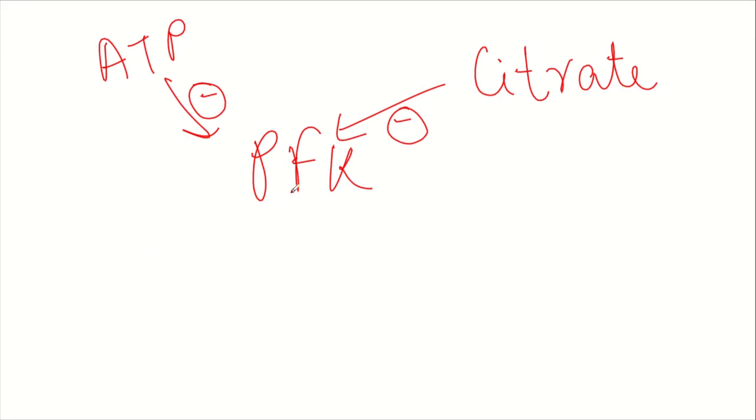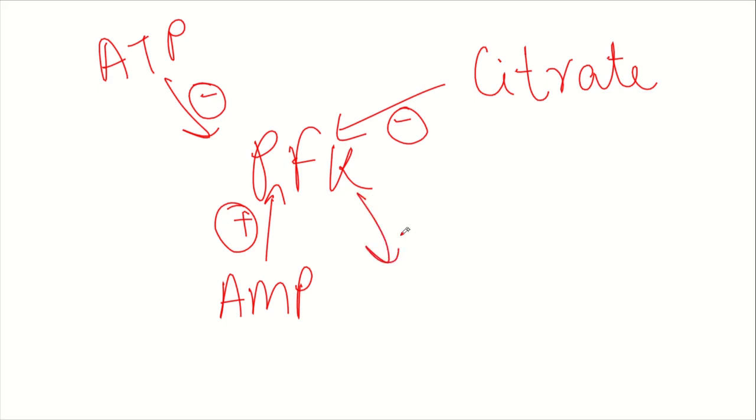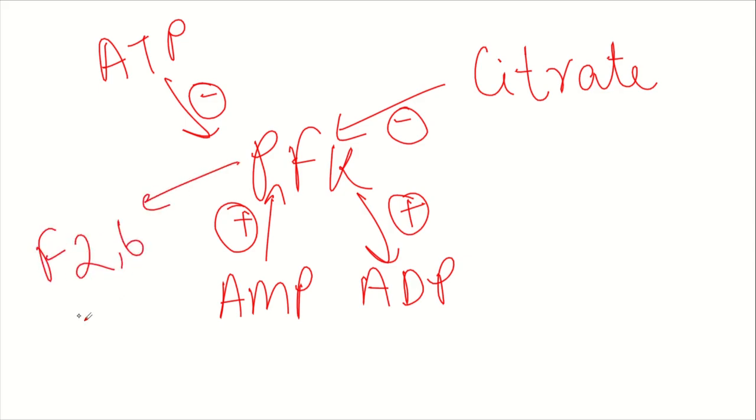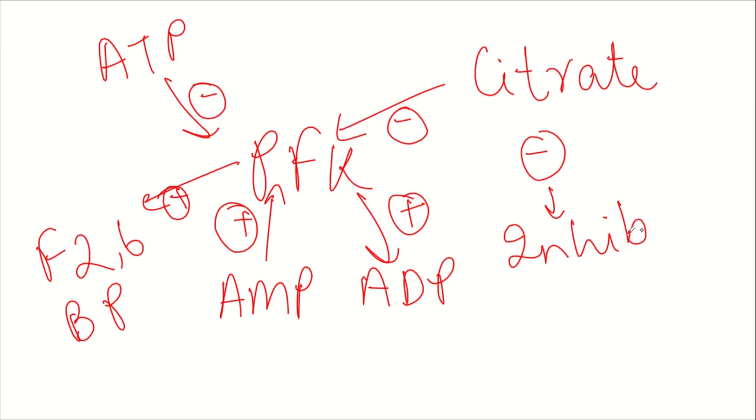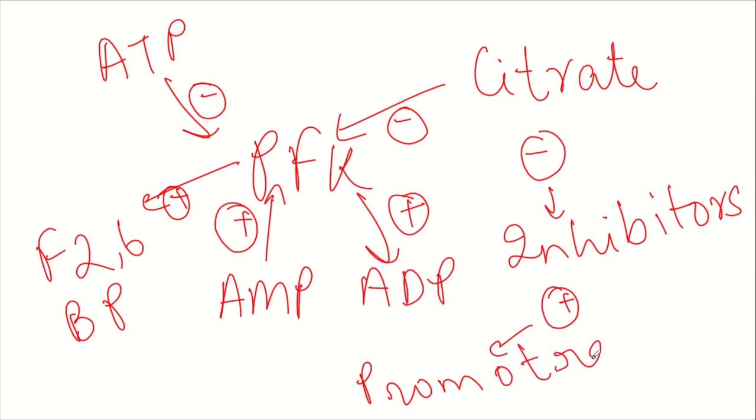And the promoters of phosphofructokinase are AMP, ADP, and fructose 2,6 bisphosphate. So these are the promoters and these are the inhibitors. The negative stands for the inhibitors and the positive stands for the promoters. Right.